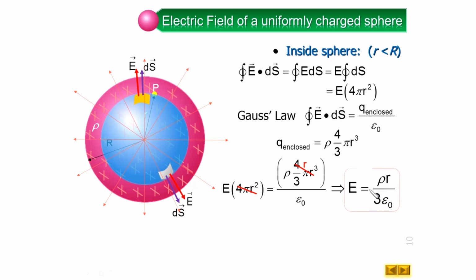We can observe here this value, that is E is directly proportional to small r. But outside any point, we have observed the value of E is inversely proportional to small r square. So let us write these values again for electric field.